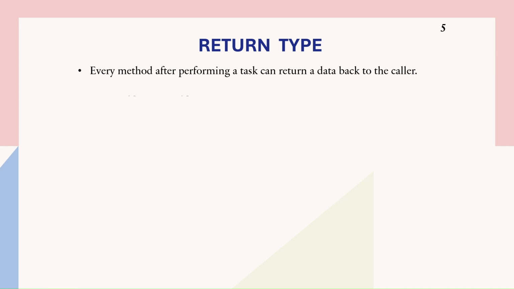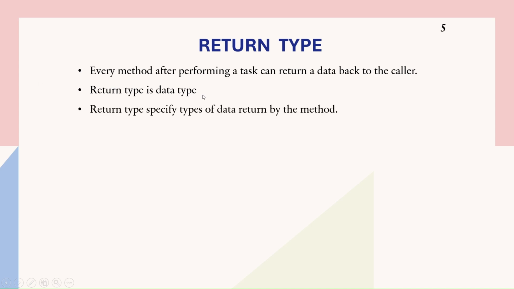That is called a return type. A return type is a data type. Means return type specifies the type of data returned by the method. Means what kind of data your method will be returning is specified.